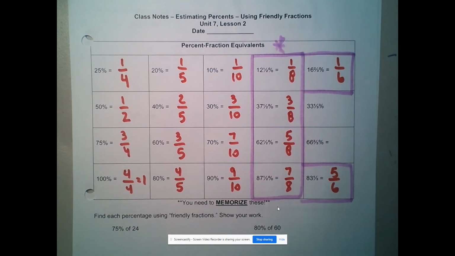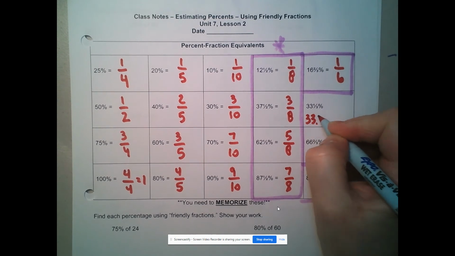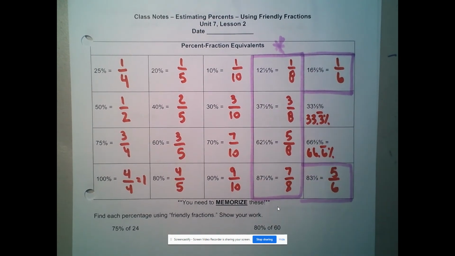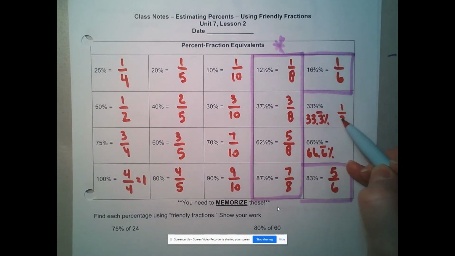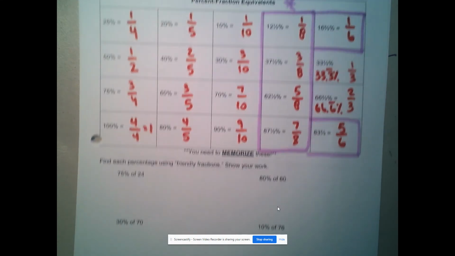You will notice 33 1/3, 66 2/3. We often see those with the repeating decimal, and sometimes we recognize that a little faster as 1/3 and 2/3. So quiz yourself on those. Make some flashcards if you need to, because it is an expectation at the end of 7th grade that we do have these sets memorized.